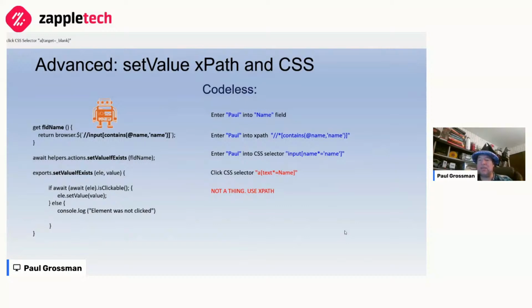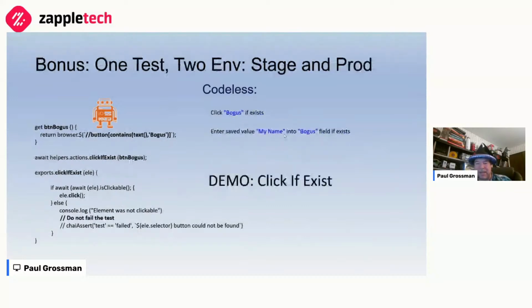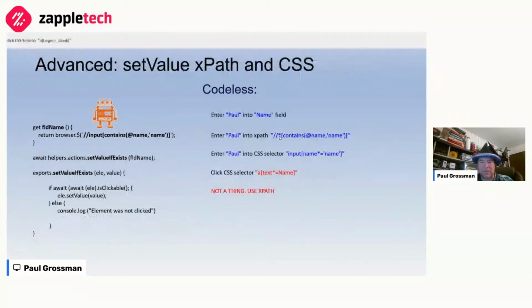The other thing is there's a reason you would not want to use CSS. In some examples, we want to find something by text. I don't have an example of this on the page, and I'm not sure which slide I've got it on here. But basically, in an XPath, instead of looking for the name property, you could say text, T-E-X-T, in parentheses, and see if it contains the word name.